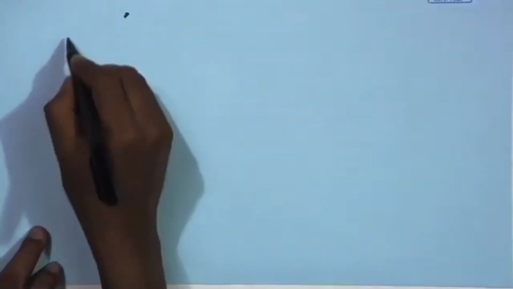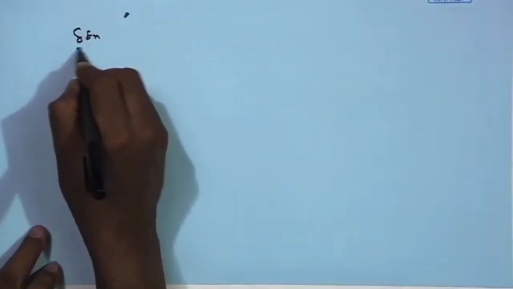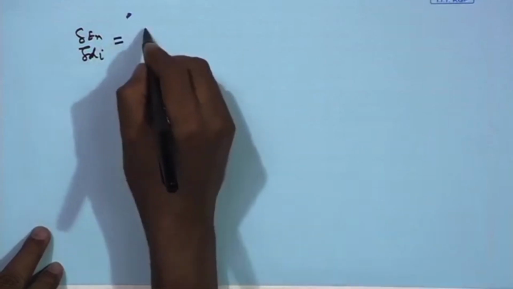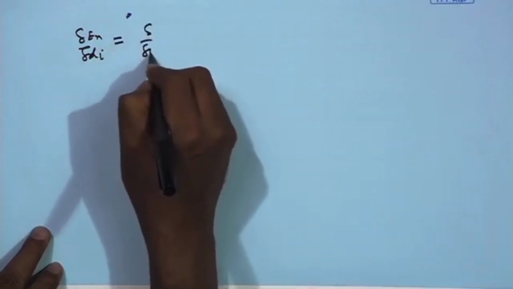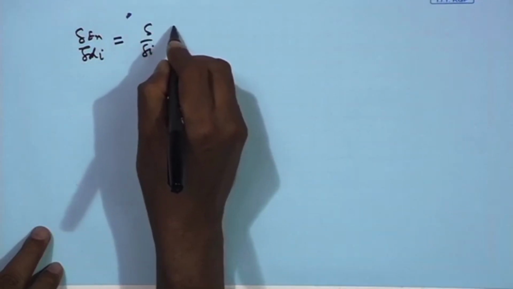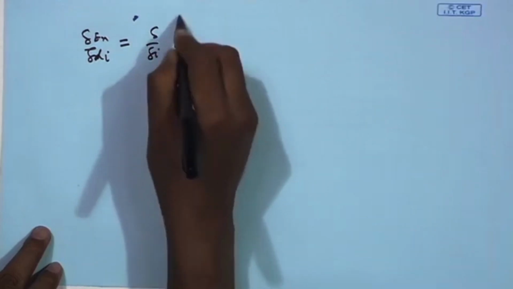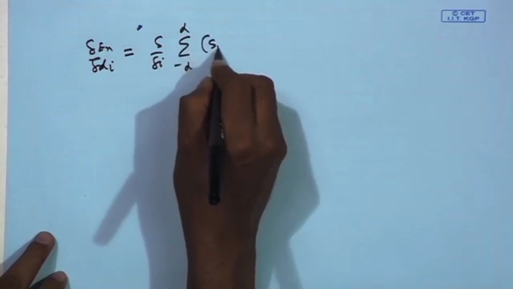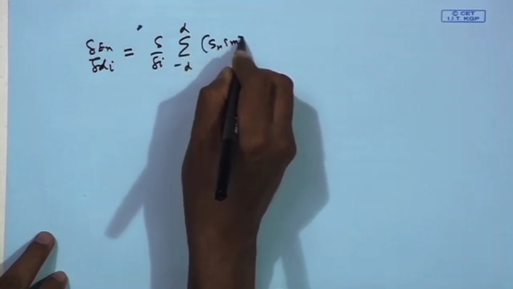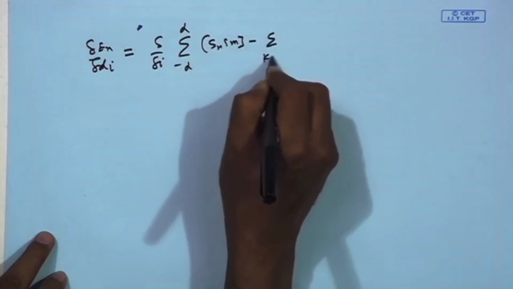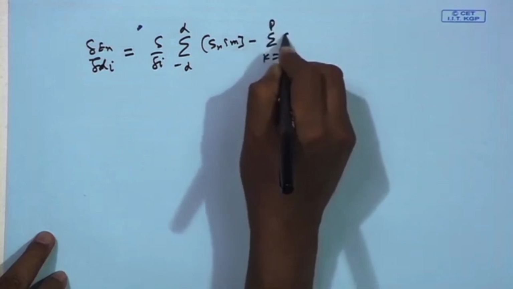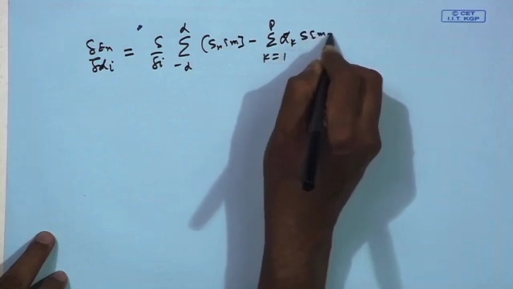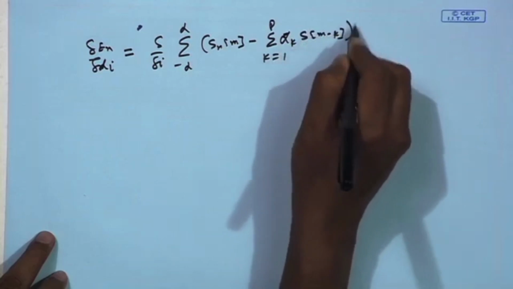So, del E n by del alpha I is equal to what? Del by del alpha I of the sum over m from minus infinity to infinity of s n m minus the sum over k equal to 1 to p of alpha k s of m minus k, square.